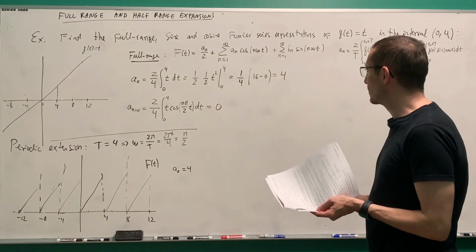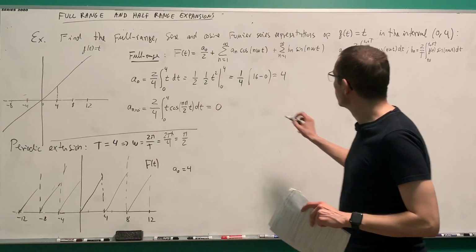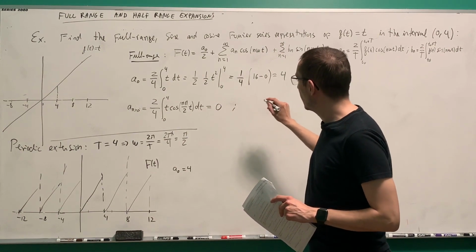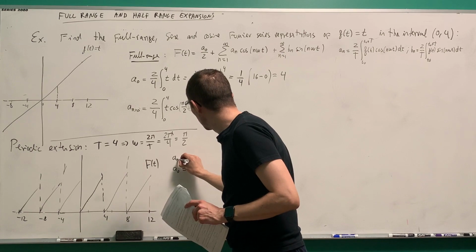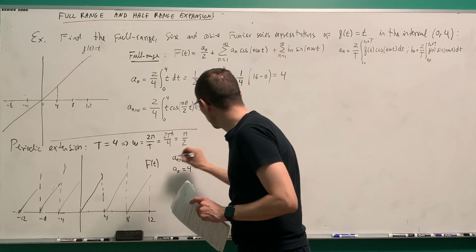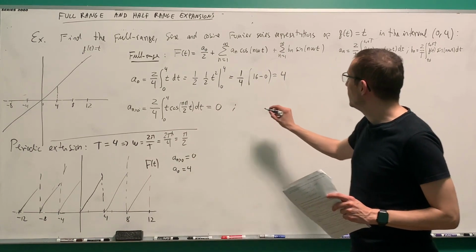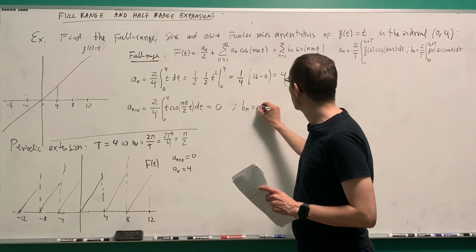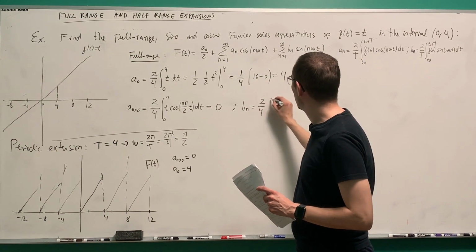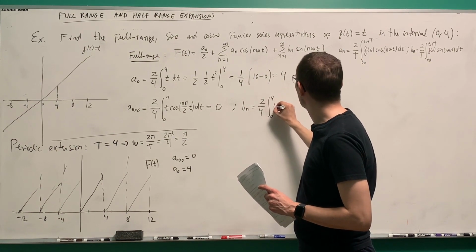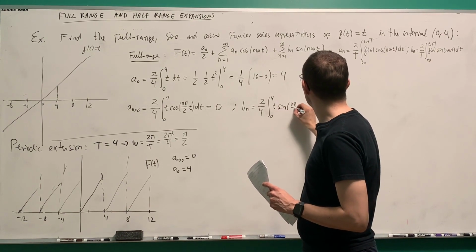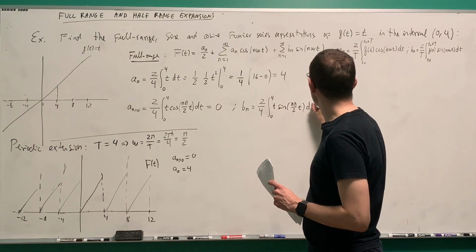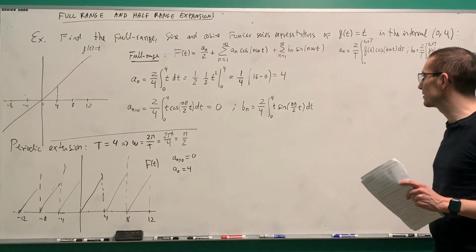So the next one that we do is the bn's. So by the way, let me just write here, an larger than 0 is 0. Now the bn is again 2 over 4 integral 0 to 4 t sine of n pi divided by 2 t dt. All right.